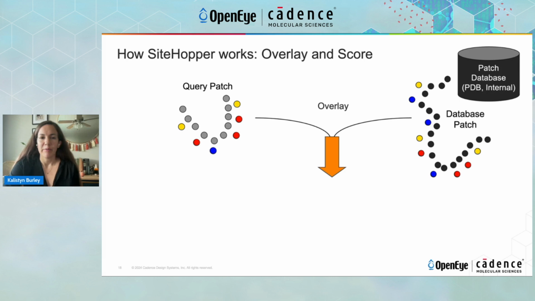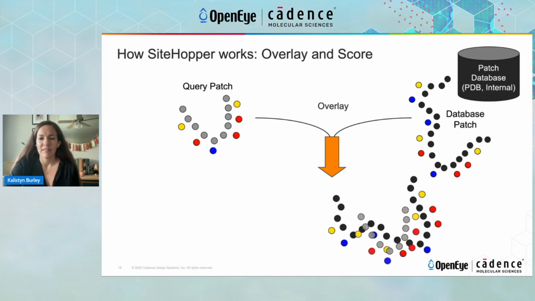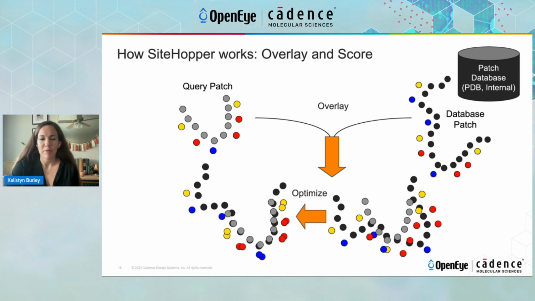We overlay our query patch across all of the patches within the database and do a general alignment, and then we optimize that alignment. Finally, we score the alignment, and our score ranges from 0 to 4. If you're familiar with ROCS, ROCS has a score from 0 to 2, which is a combination of shape Tanimoto and color Tanimoto. Here we are weighting the color Tanimoto score, so we have a range from 0 to 4.